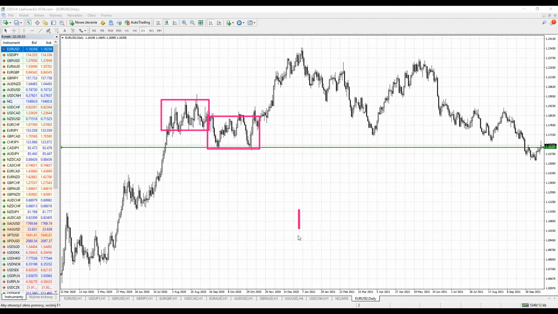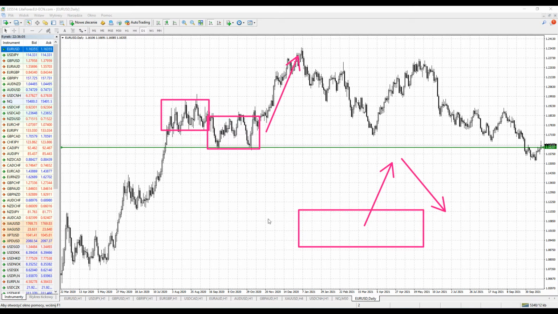When it comes to the consolidation and the upside break, I would like to see the break, like we had here, and then I want to see the pullback. What I'm looking for is the top of that consolidation down to 50%, and my stop is below the consolidation.